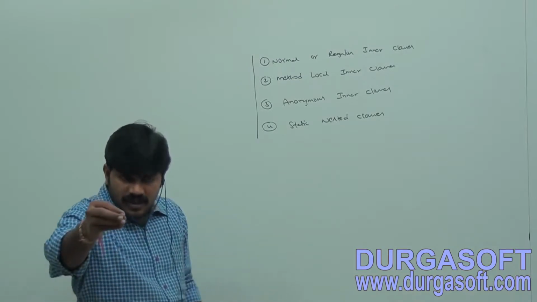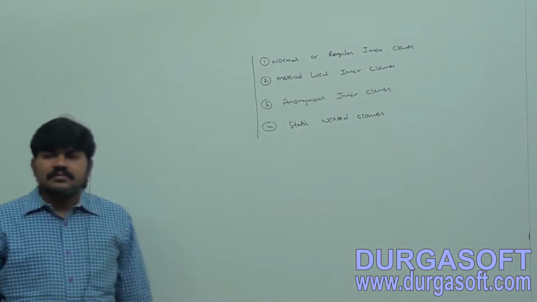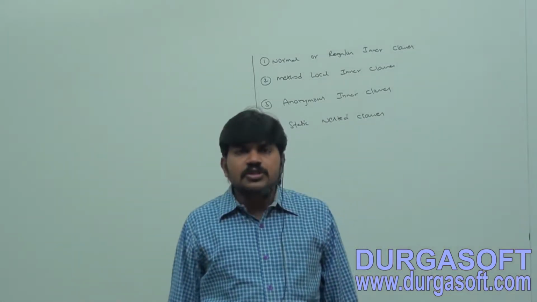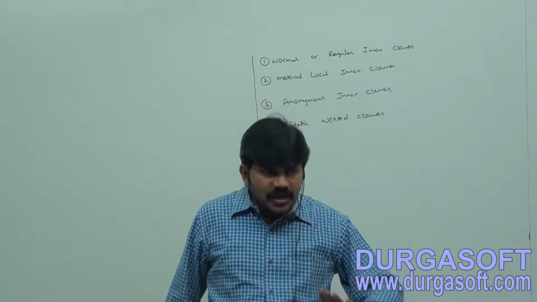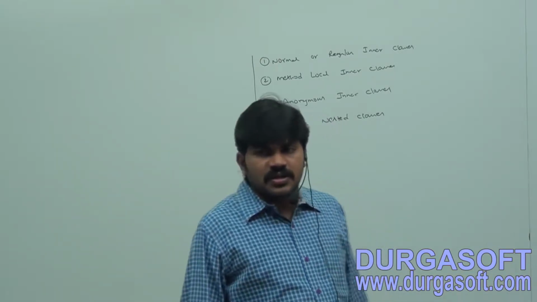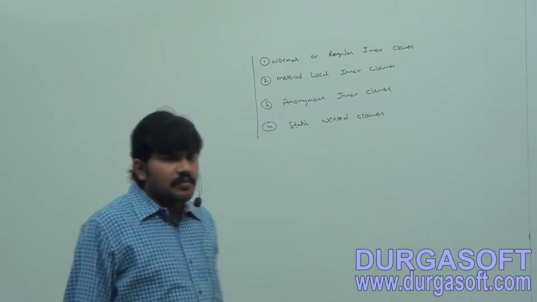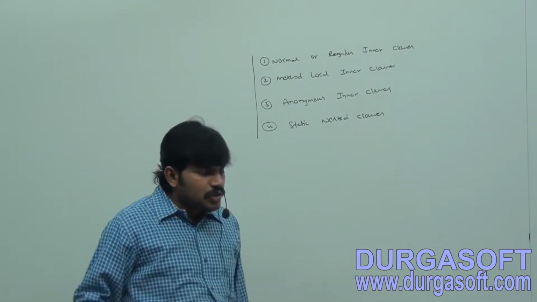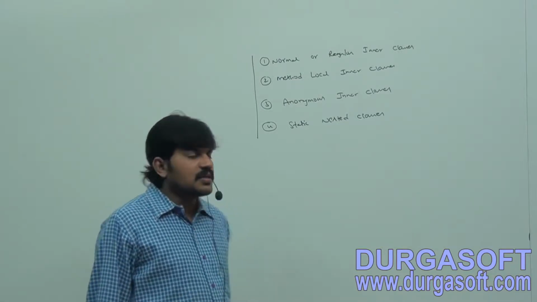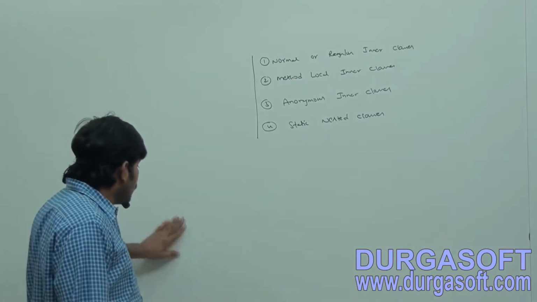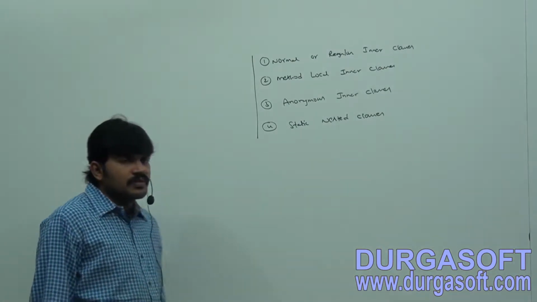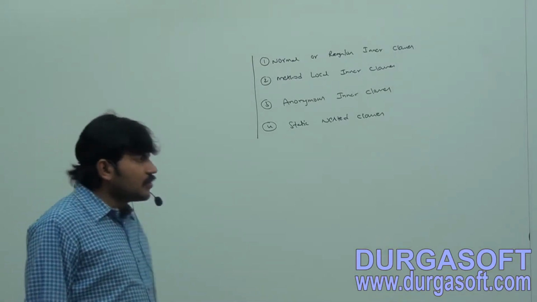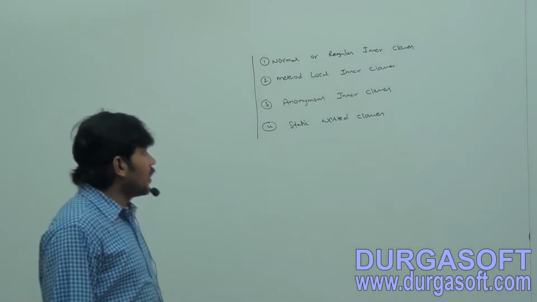So at this point, based on position of declaration and behavior, all inner classes are divided into four types.